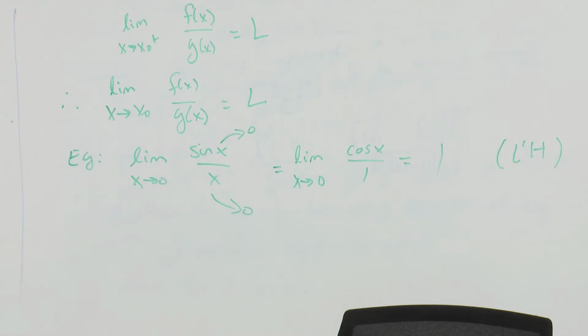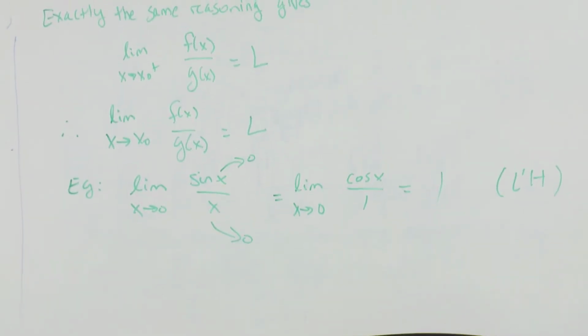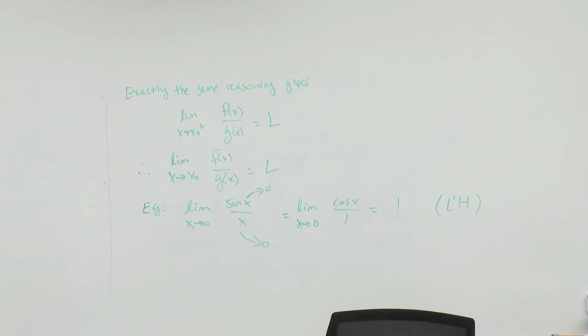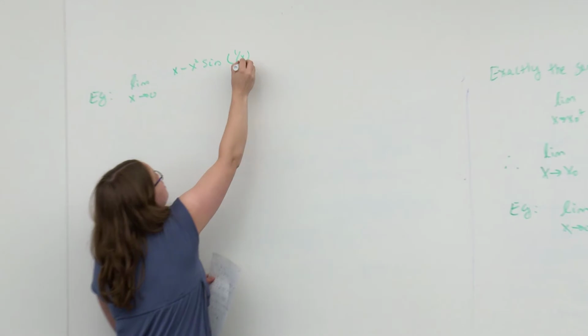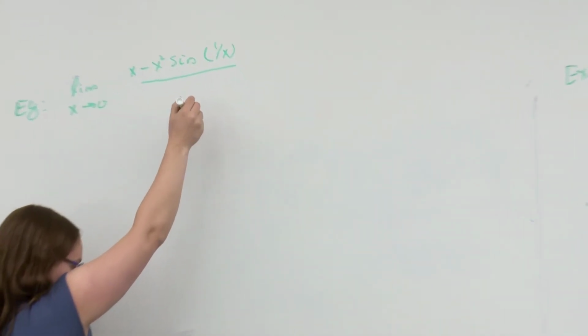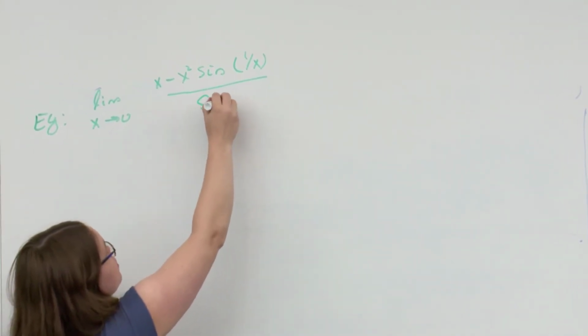Here's a slightly more interesting example. So the limit as x goes to 0 of x minus x squared sine of 1 over x, divided by sine of x.